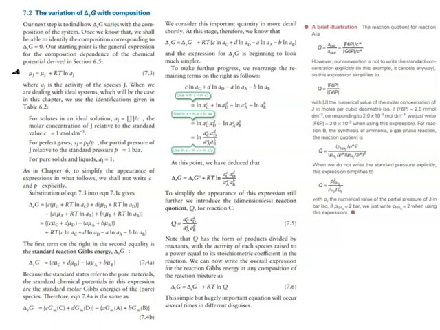For perfect gases, a sub J equals p sub J over p°, the partial pressure of J relative to the standard pressure, where p° equals 1 bar. And for pure solids and liquids, a sub J just equals 1. As in chapter 6, to simplify the appearance of expressions in what follows, we shall not write c° and p° explicitly. So the way to do this is substitution of equation 7.3 into 7.1c gives the following.